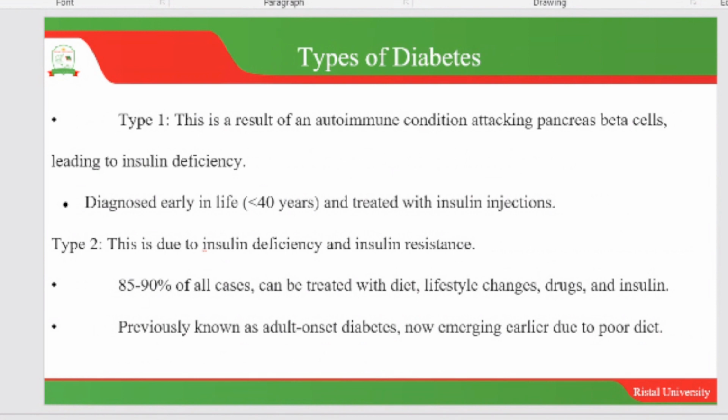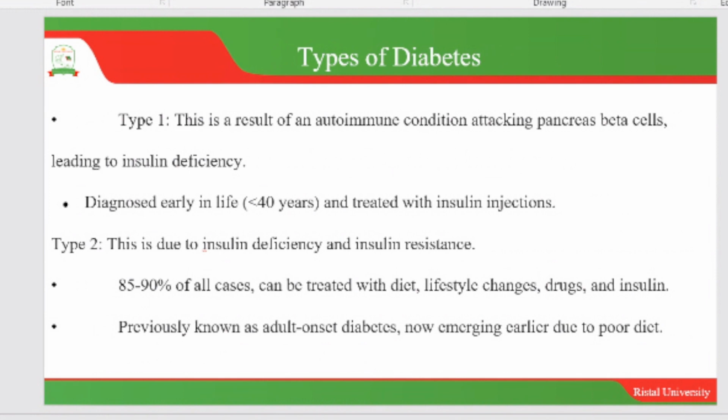So when the immune system looks at the beta cells in the pancreas as being foreign bodies, they are attacked and destroyed, and as a result, there will be less or no production of insulin. Then this condition can be diagnosed early in life, in years that are less than 40 years, and can be treated only with insulin injections.